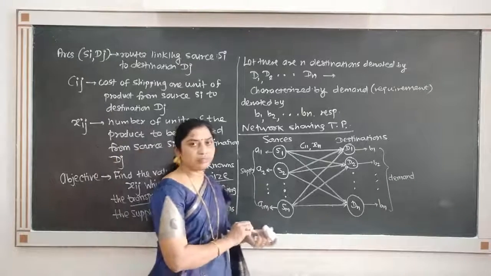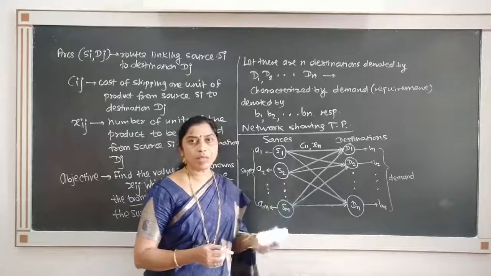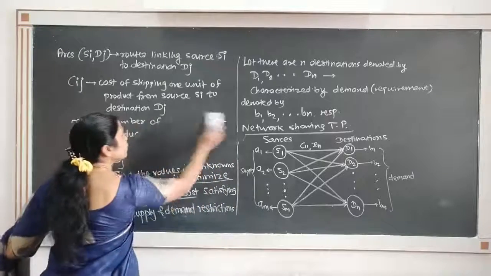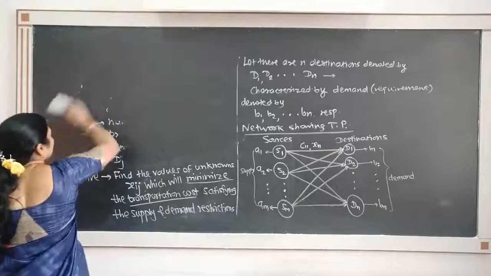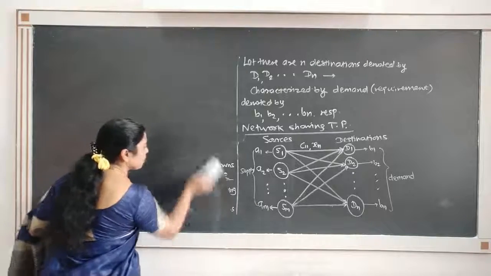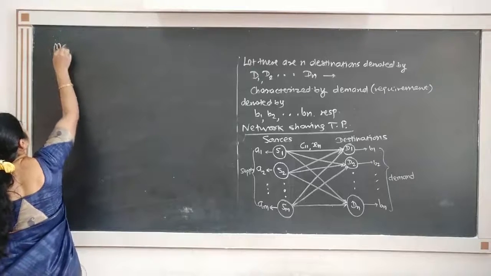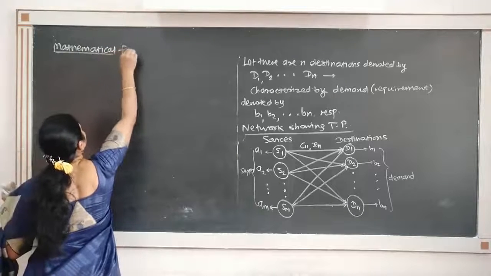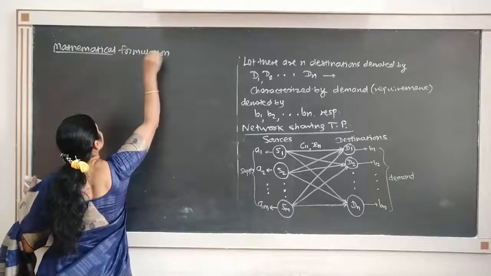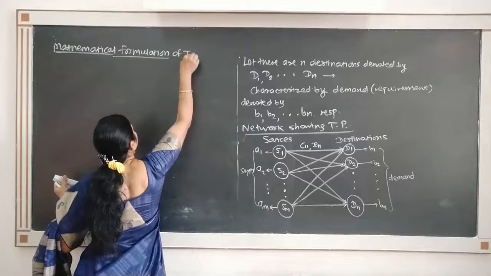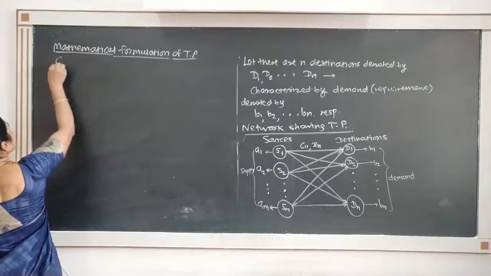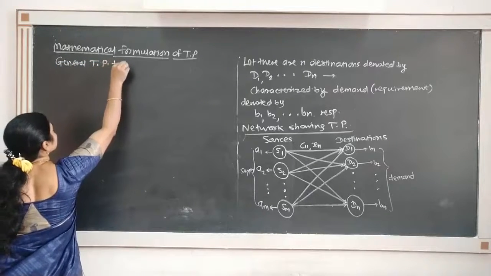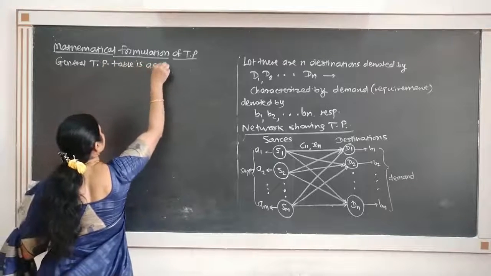So this network of transportation problem can be expressed in terms of a table, and that is our general transportation table. So consider a general transportation table that gives us the mathematical formulation of transportation problem.